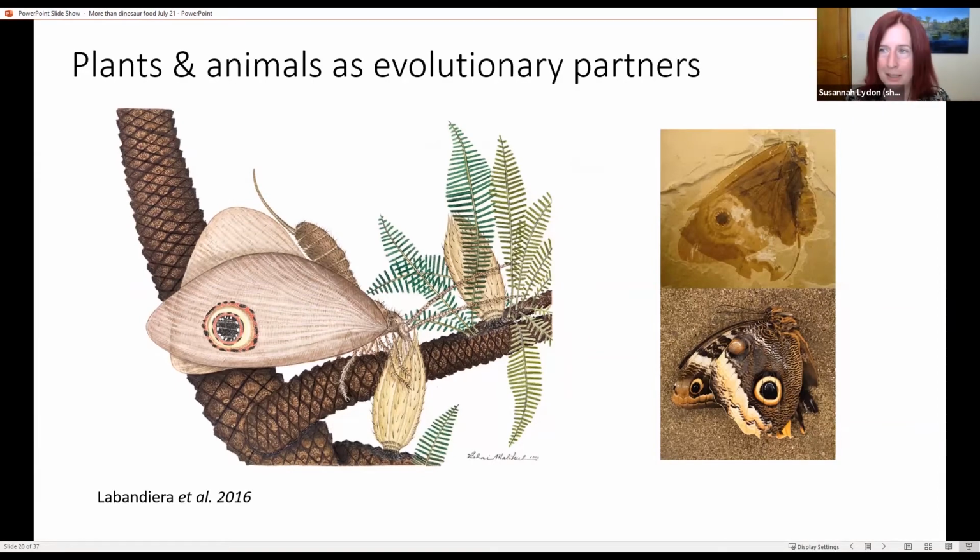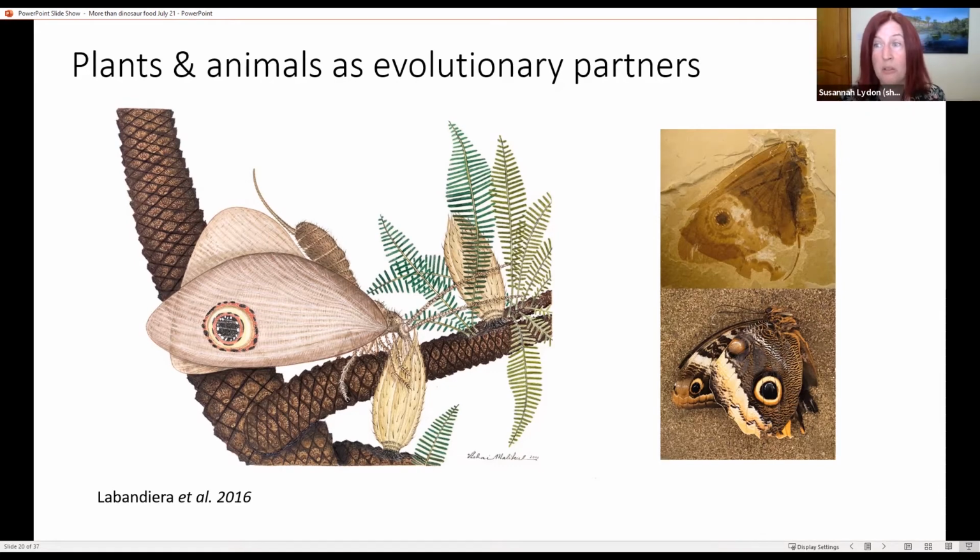Okay, so as well as thinking about plants in terms of what they can tell us about climates, we can also look at what these fossils can tell us about co-evolution, about how plants and animals evolve together in arms races, if you like, through time. So this reconstruction that you can see here, you might just glance at that and think, oh, well, that's a butterfly and a flower. It's not a butterfly and it's not a flower. What you've got here is actually, there's a group of insects that are around today.